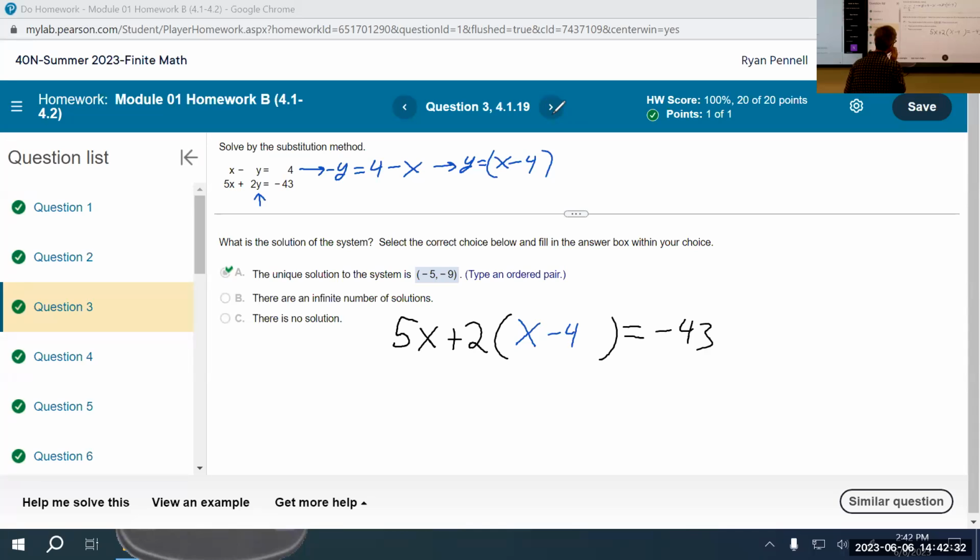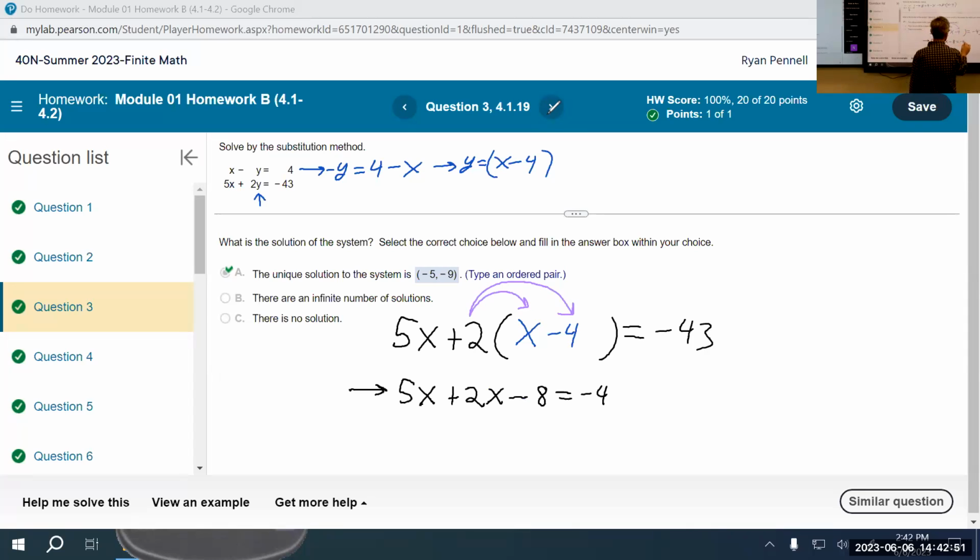Okay, so now we need to distribute. 5x plus 2x minus 8 equals -43.